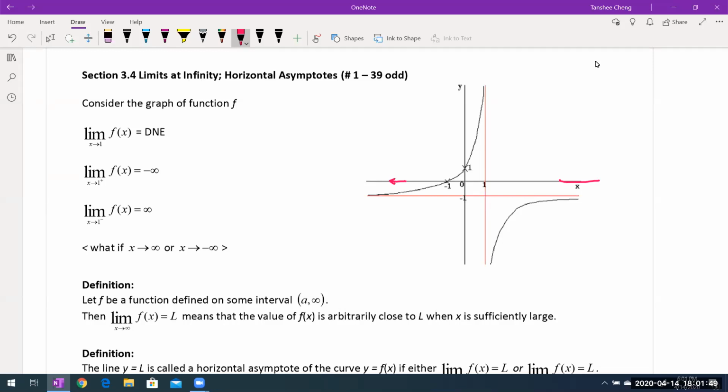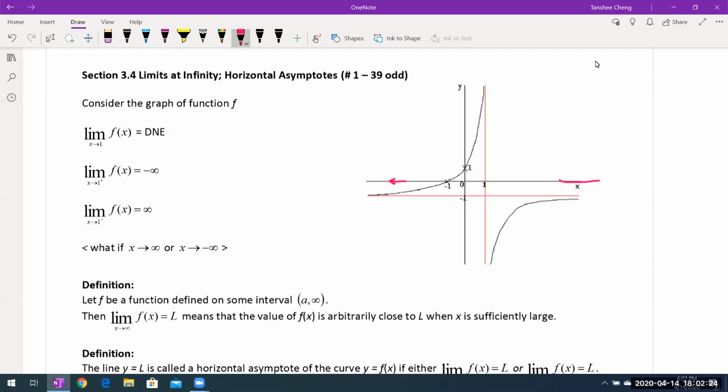Now what we can do is define it this way. If a function f is defined on some interval a to infinity, then if the limit as x approaches infinity of f of x exists, that basically means the value of f is arbitrarily close to L. Notice that the idea of a limit is that you will never reach it, but you know that it's going in that direction and getting closer and closer.